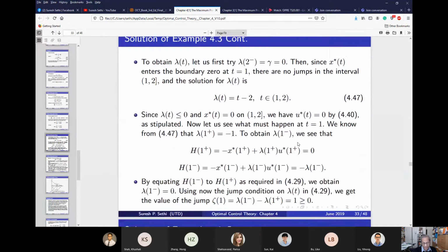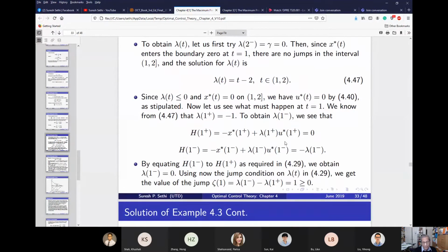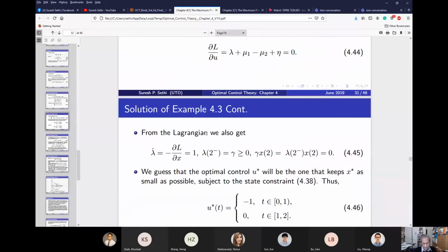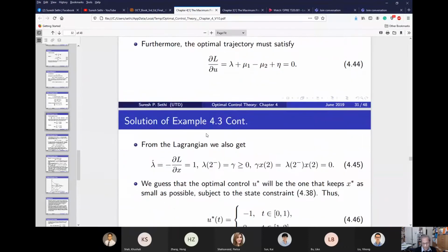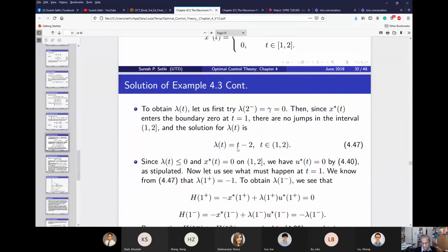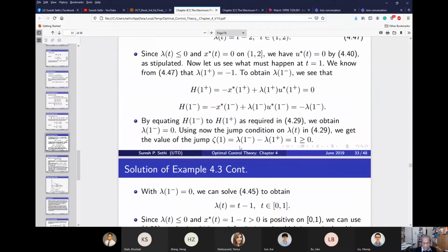But lambda t on 1, 2 is negative. So if it's negative, we have u star t equal to 0 from bang-bang solution.